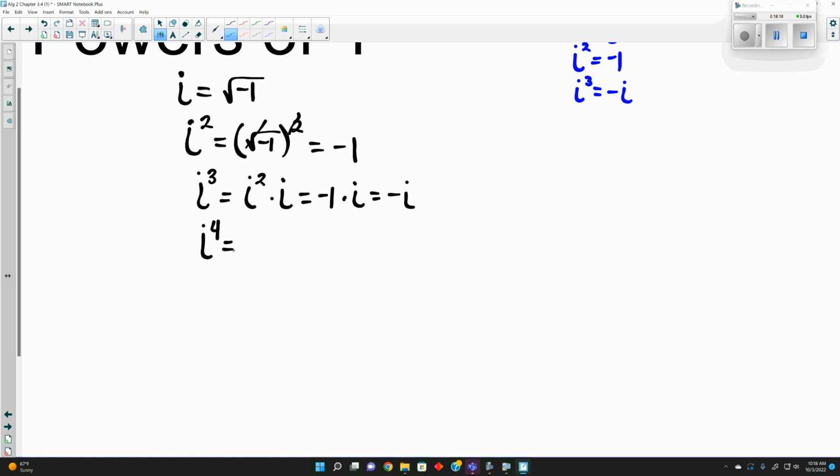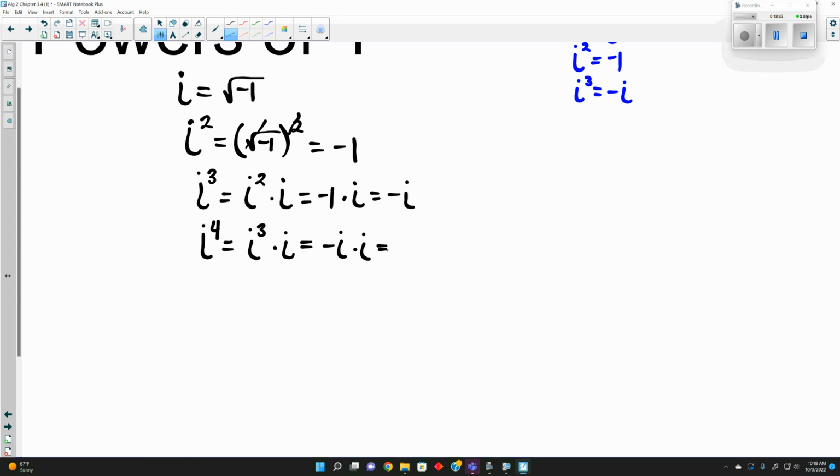And again, just stay with me here for a second. Well, i cubed we already found is -i, so we have -i times i.